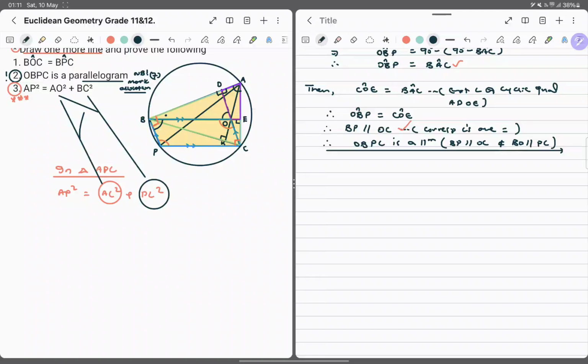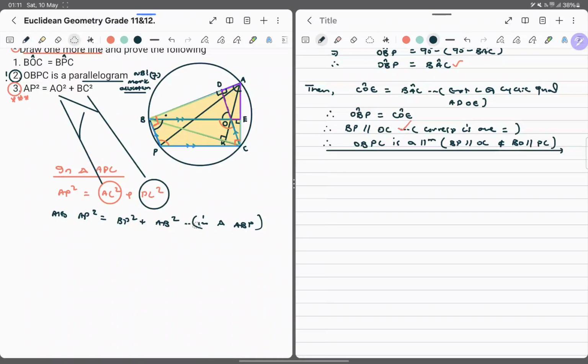Because we know also that AP squared is equal to BP squared plus AB squared in triangle ABP, because again, we described that angle as 90 degrees. So this would be Pythagoras.